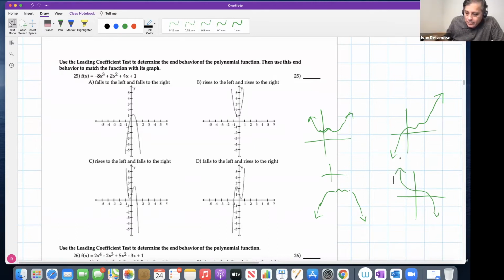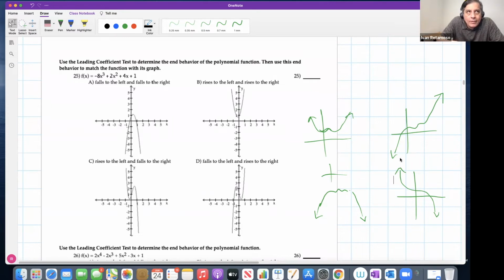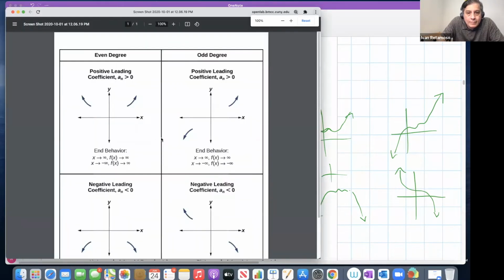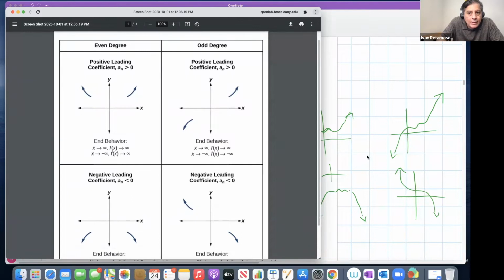Now, for you to recall this, guys, I strongly recommend you to go to our website and print this out. Look, this is what I just did. This is one shape for the graph of polynomial function: parabola-like open downward, chair-like increasing from left to right, and chair-like decreasing from left to right.